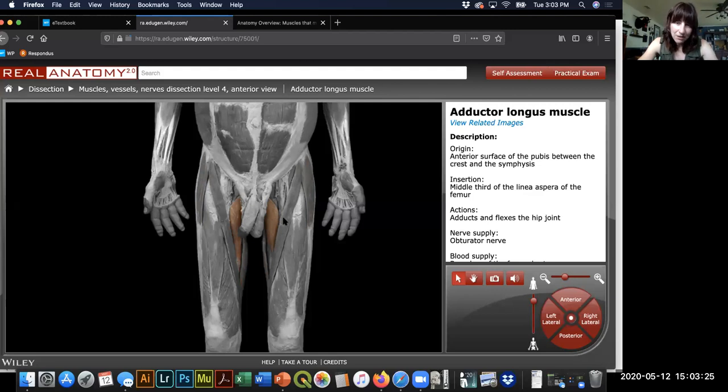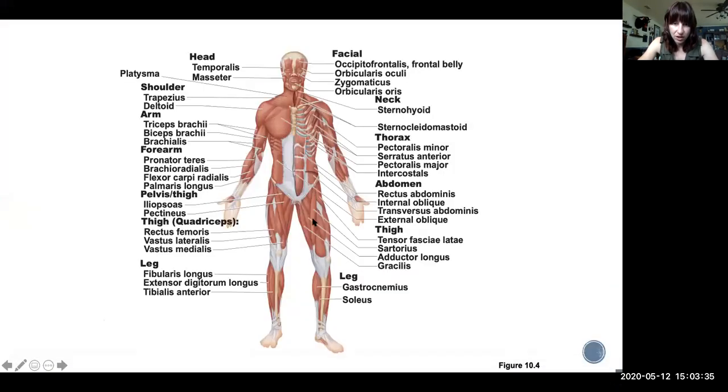You can see that it dives deep below the Sartorius and the other quadriceps muscles, which we're going to get to right now. But you can see it superficially, therefore it is included in your reference picture here. So remember that the Gracilis is the most medial, the inside of the upper thigh.